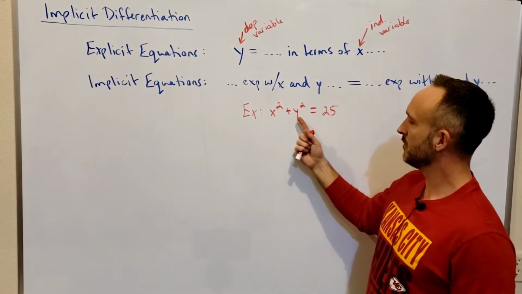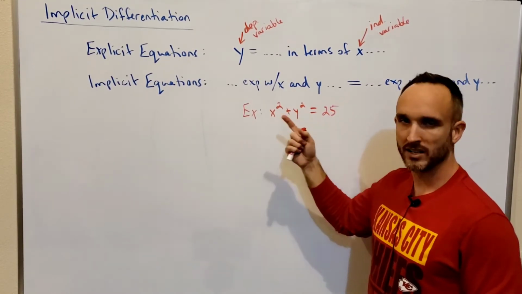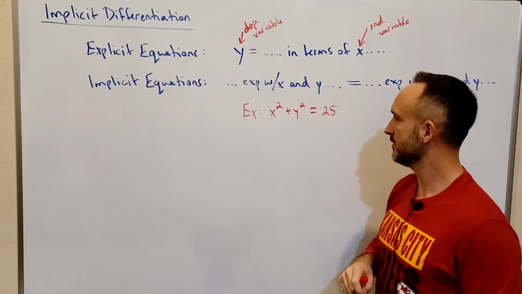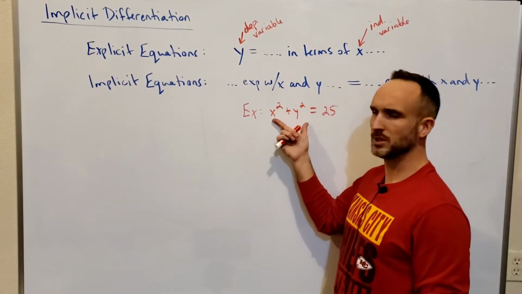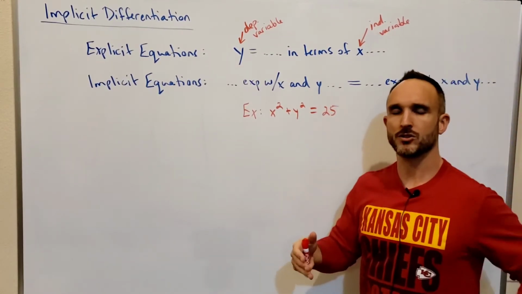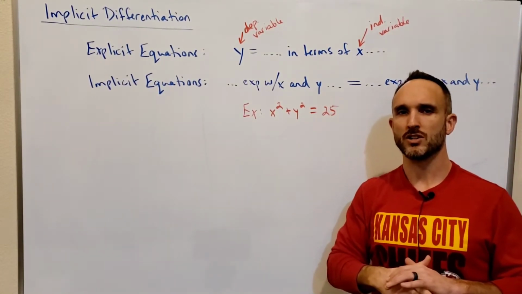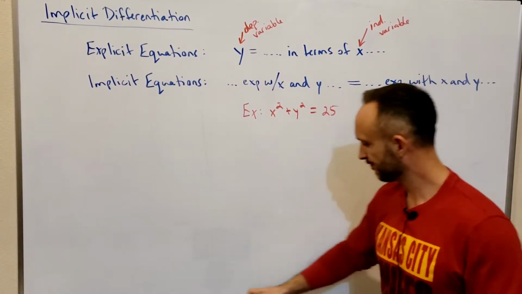If I want to know a y value, I'd plug in an x value, and then I would solve for y to figure out what y value goes with it. Or vice versa. Okay? Now this is a pretty simple implicit equation, and we're going to start simple, but in following videos I'll have more examples where the equations become a bit more messy and maybe not as easy to understand.